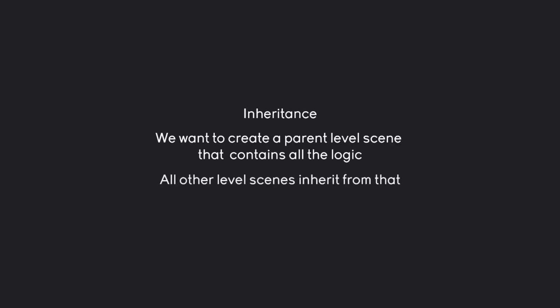Instead, when we are creating any other level scene, these level scenes are going to inherit from the parent level scene. That way, they have all of the important code, but we can create multiple instances of that scene. That way, we could have hundreds of levels, they would all share the same code base, and then you could even add additional parts. Godot makes all of that actually quite easy, so let's jump right in and have a look at all of that.